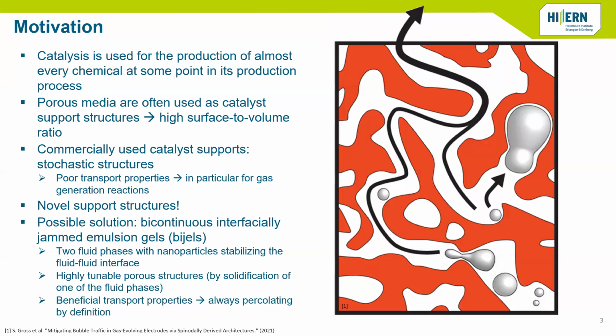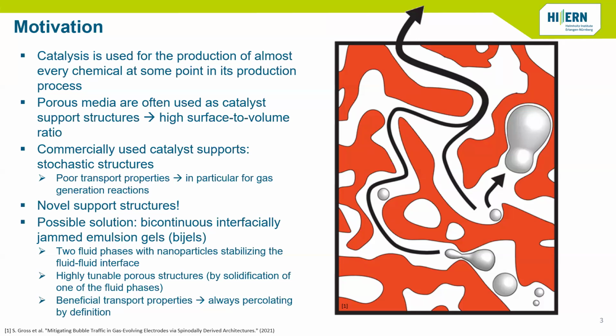And this also makes the search for novel support structures viable. One possible solution would be to make use of bicontinuous interfacially jammed emulsion gels, or bigels for short. These are basically two fluid phases mixed with nanoparticles, where if a spinodal decomposition between the two fluid phases is triggered, the nanoparticles tend to move towards the interfaces, and with that, they jam the emulsion.